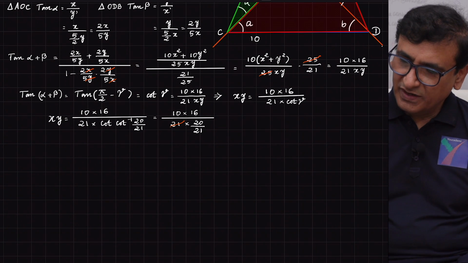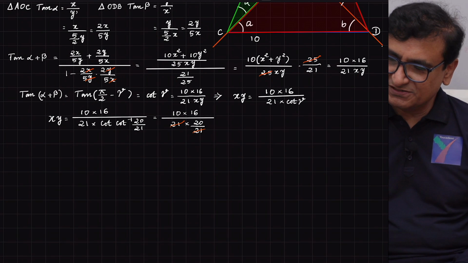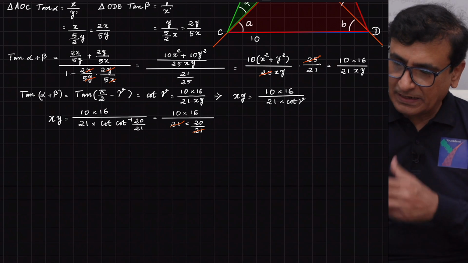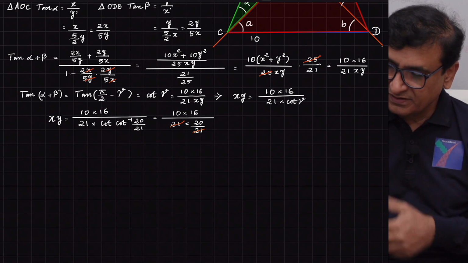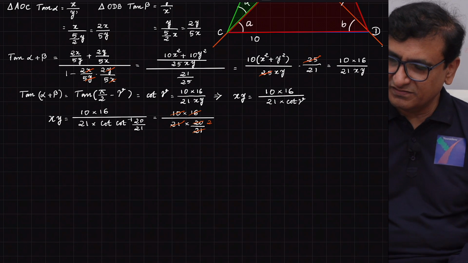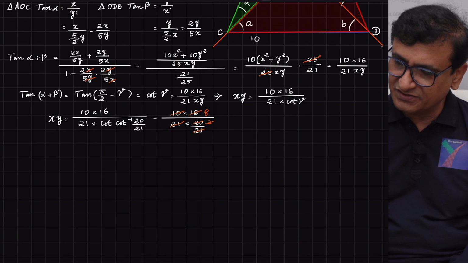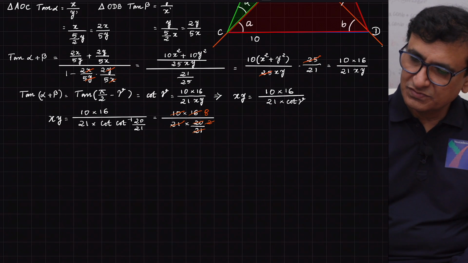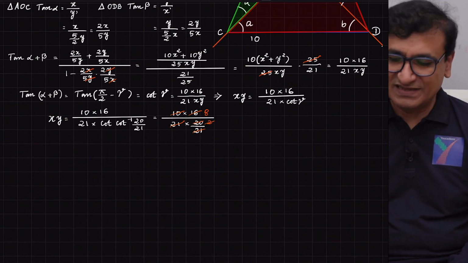Here 21 gets cancelled. Then we simplify. 10 by 20 will give 2 in the denominator, and 16 by 2 will give 8. So our xy equals 8.